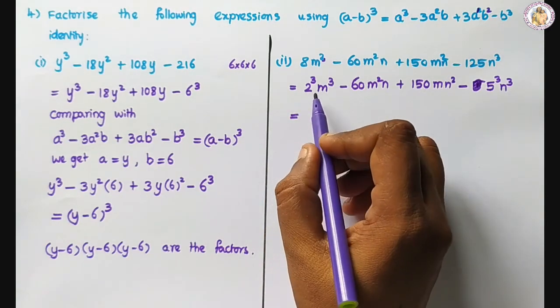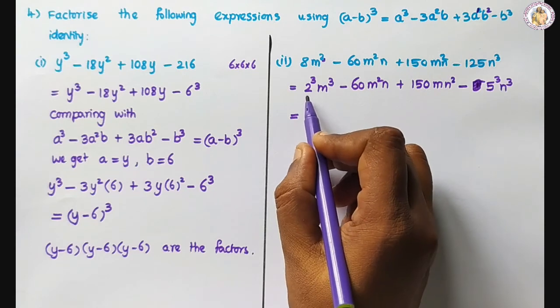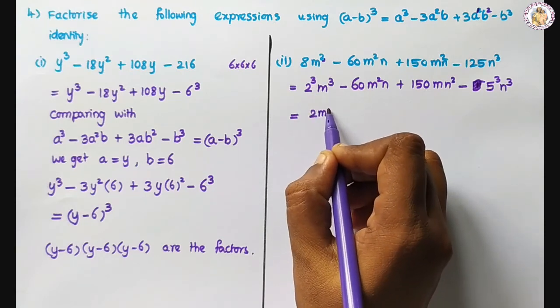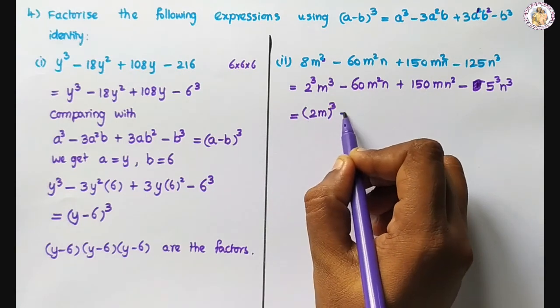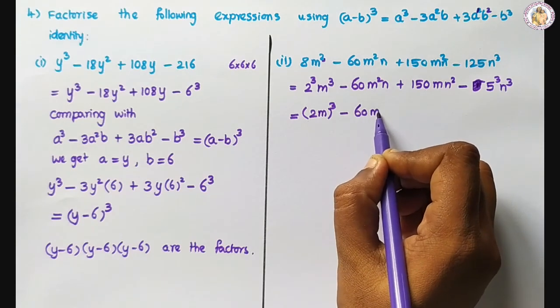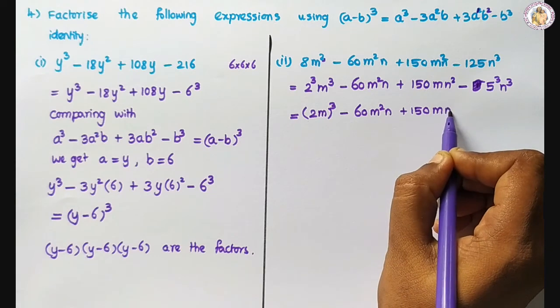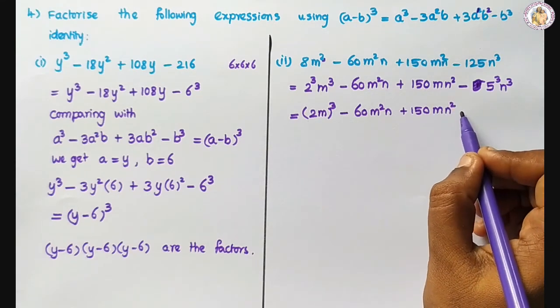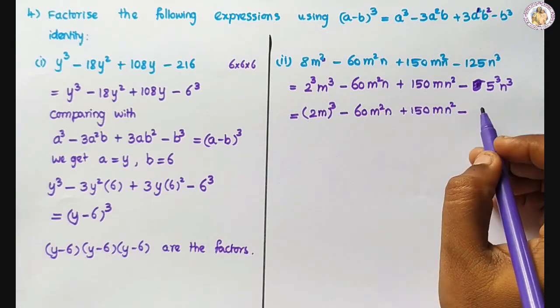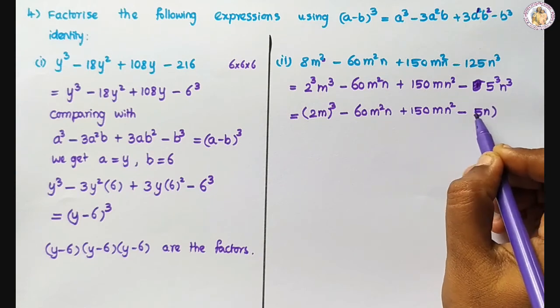So again this can be written as 2 cube m cube, so (2m) whole cube, minus 60m squared n plus 150m n squared, written as it is, and here 5 cube n cube, (5n) whole cube.